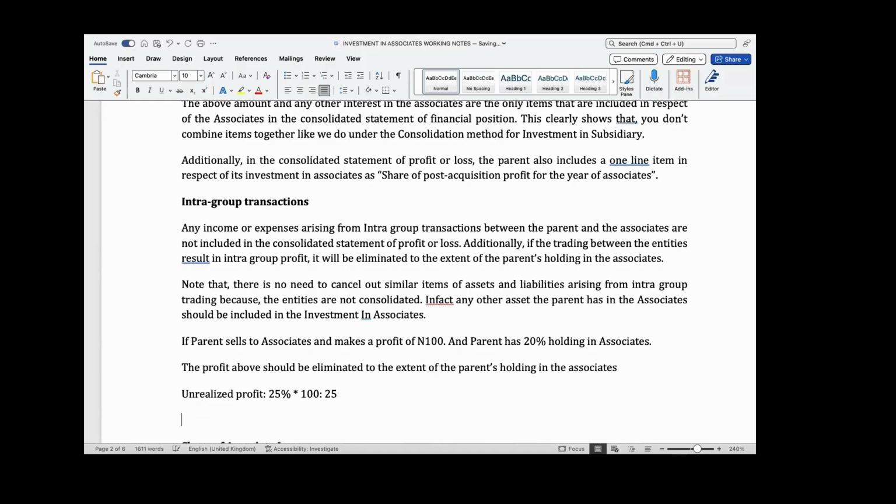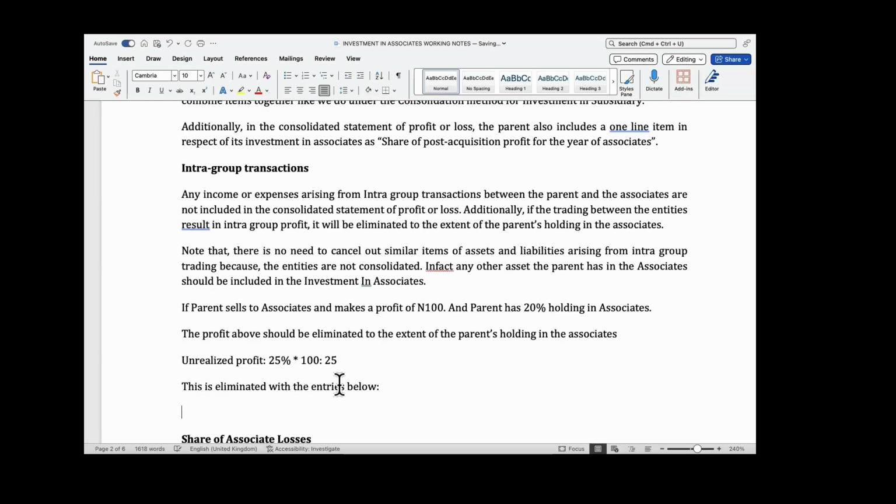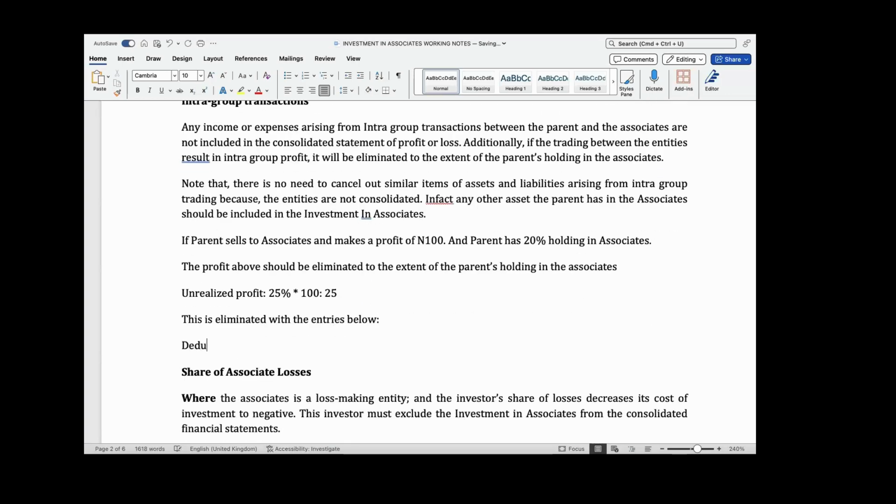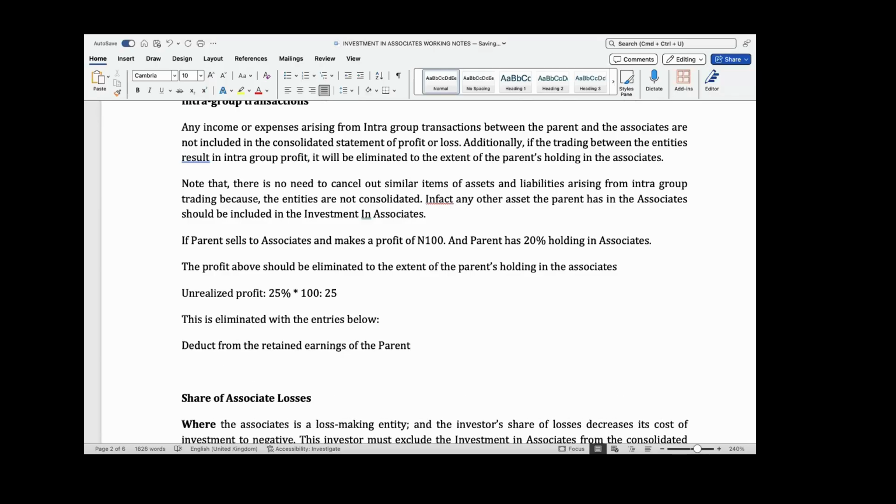How do we eliminate this? This is eliminated with the entries below. You're going to deduct it from the retained earnings of the parent, and also you're going to deduct it from, who can help me here?